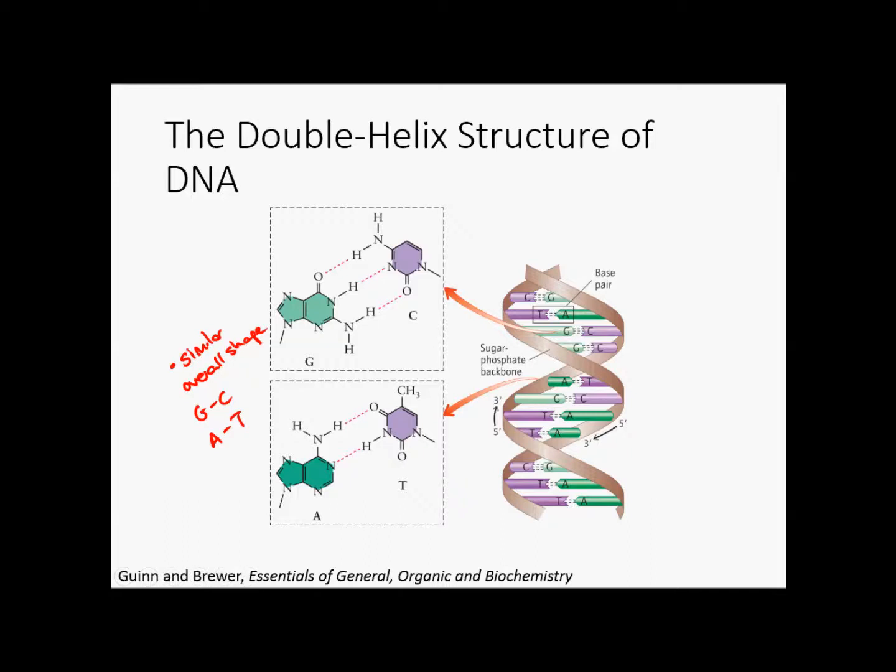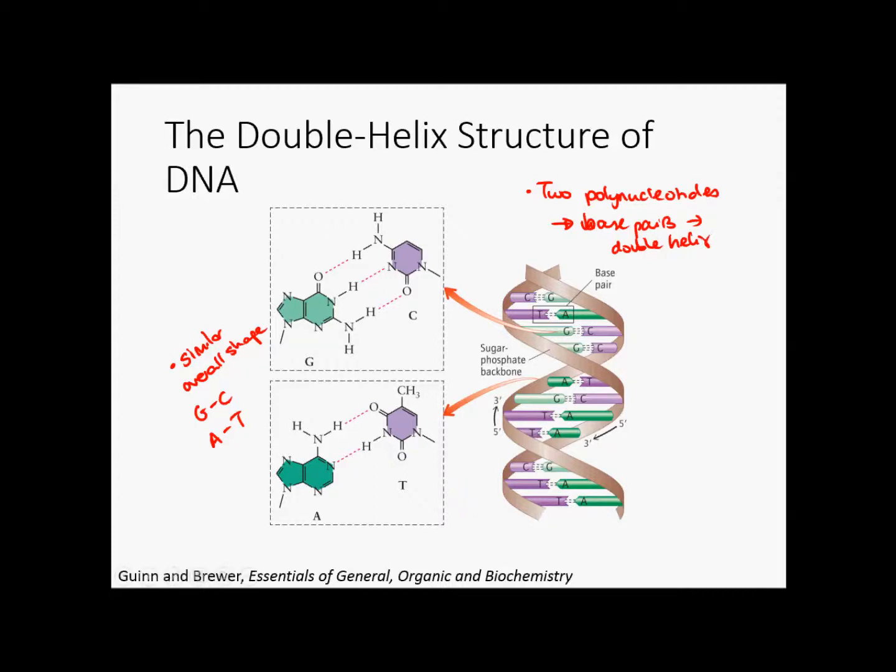Now, a few things you should be aware of. Firstly, you've got the bases on the inside here, and you've got the sugar phosphate backbone going outside. So you've got 2 polynucleotides that, through the base pairs, form your double helix.